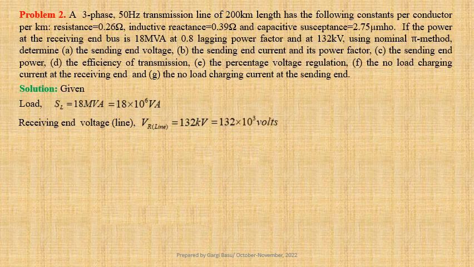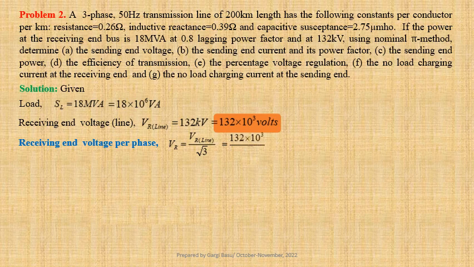For star connected system, receiving end voltage per phase VR equals VR line divided by root 3, that is 132 into 10 to the power 3 divided by root 3, which gives us 76,210 volts. Given load power factor cos phi L equals 0.8 lagging.